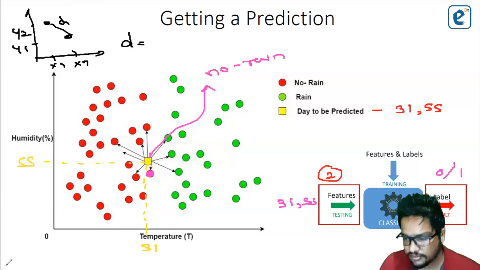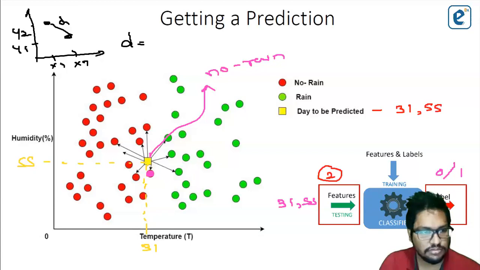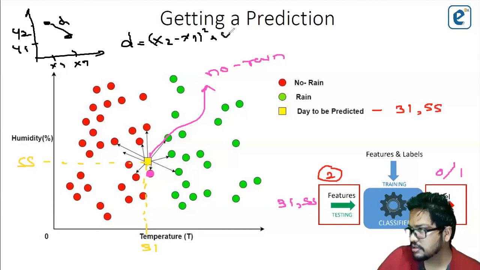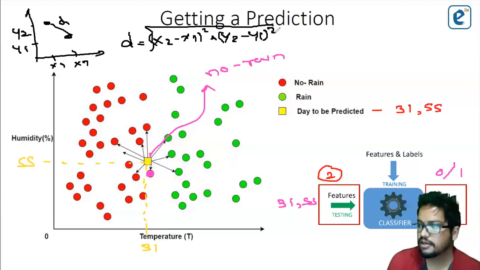Yes, Pythagoras, right? So likewise, we are going to measure all the distances and select the minimum distance, and the label of the data point with the minimum distance will be the predicted thing.